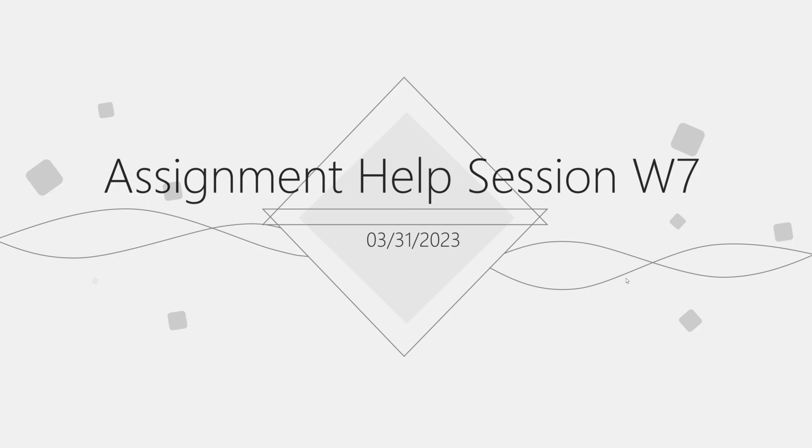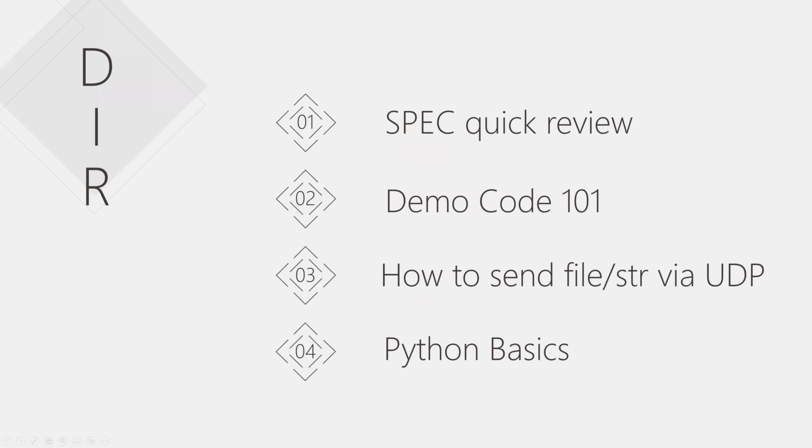Okay, let's get started. Today we have four different things. First one, we will have a quick look at the specification just in case some of us haven't had a look at it. And then we will go to the demo code and try to play with it.